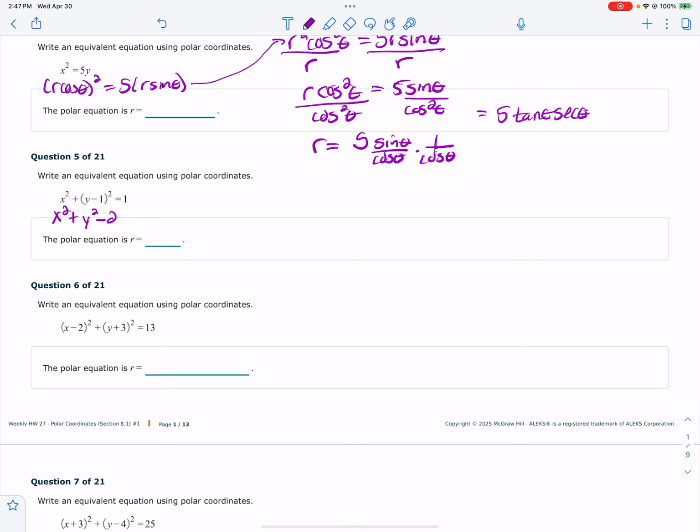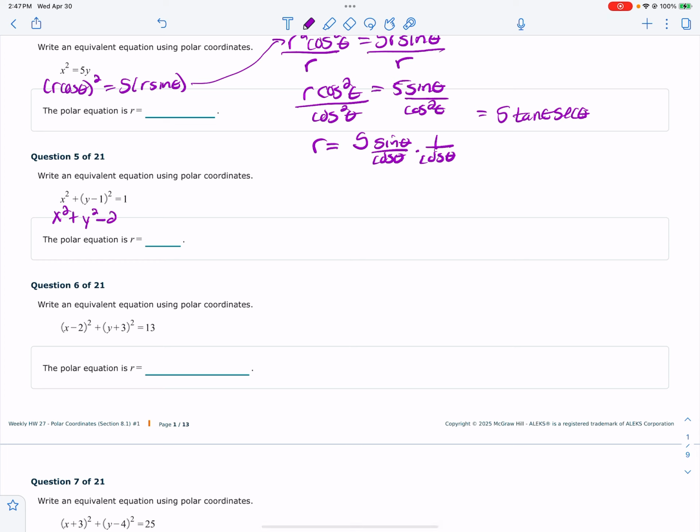So what made me think to do that was I knew I had to FOIL this, whatever it ended up being, whether we changed it to coordinate form or polar form or whether we left it rectangular, that's what was going to have to happen. And so I tried to simplify it first before substituting. Okay, I'm going to start the alternative and then show you why this was easier.